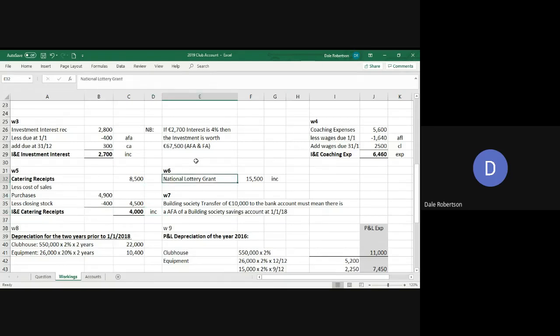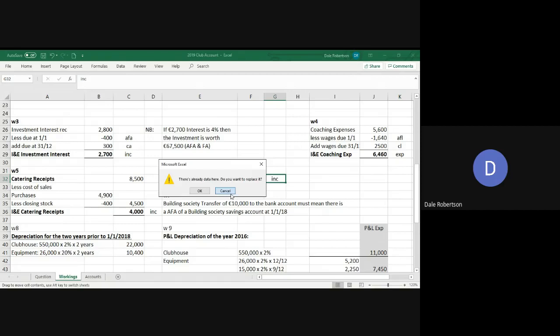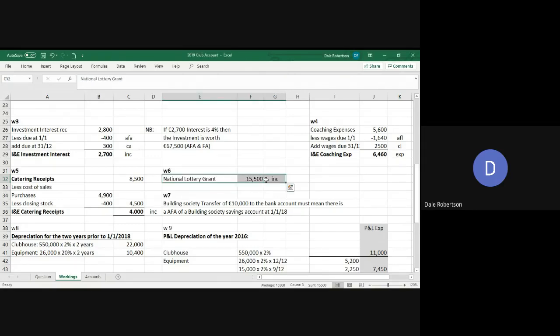If it supports the day-to-day activities, then it is what we would call a current income rather than a capital income, and therefore it will be included in the income and expenditure account, not the balance sheet. So that's just what that note is referring to. It is to be treated as a revenue item. The question is quite clear about that.